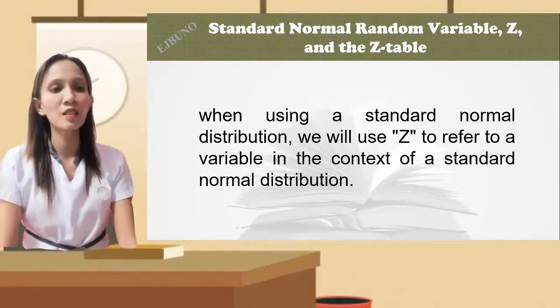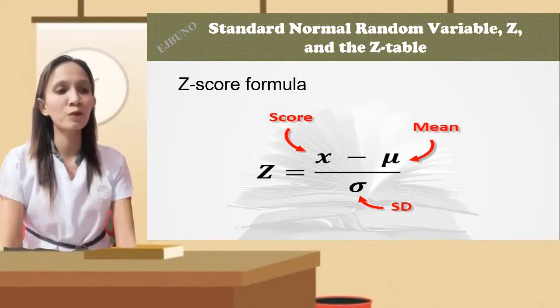These scores allow statisticians and traders to adapt scores from various data sets to make scores that can be compared to one another more accurately. Here is the z-score formula.